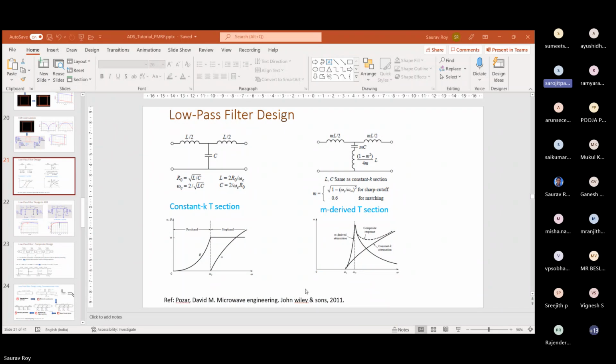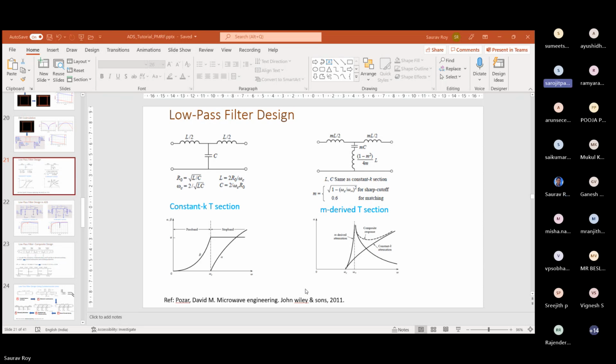Actually, in the previous assignment, I have done the schematic and layout, but my graph is not coming properly as in the PDF. Did you check that? Did you use the same substrate?